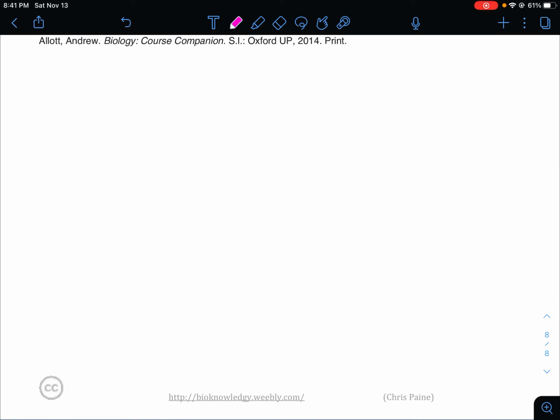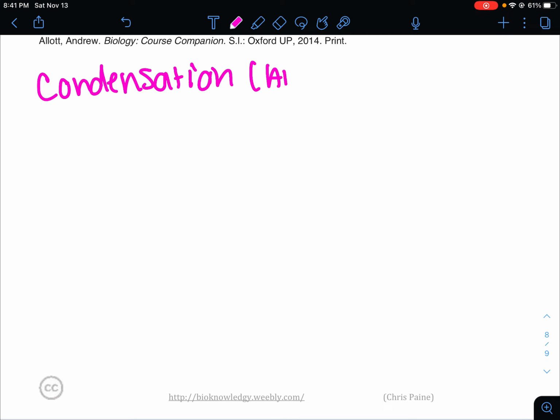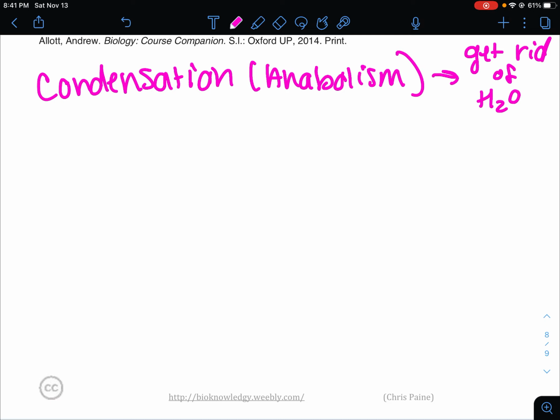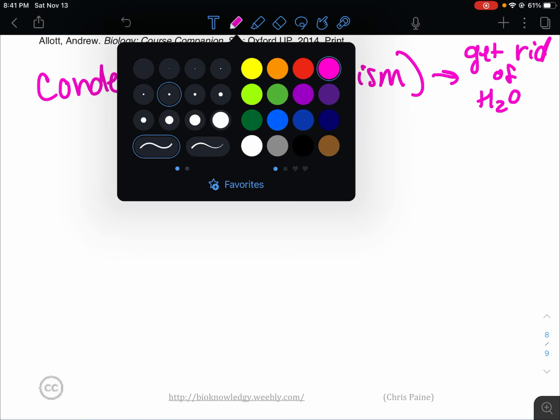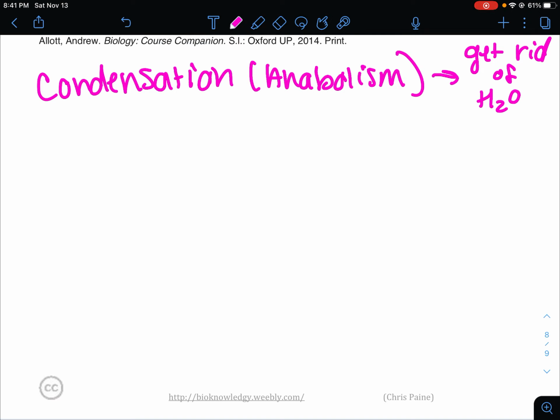And down here I'll just draw what we had on the board for condensation and hydrolysis. So condensation, right, that was anabolism. And you're getting rid of water. So you would start off with 2 amino acids, like this.